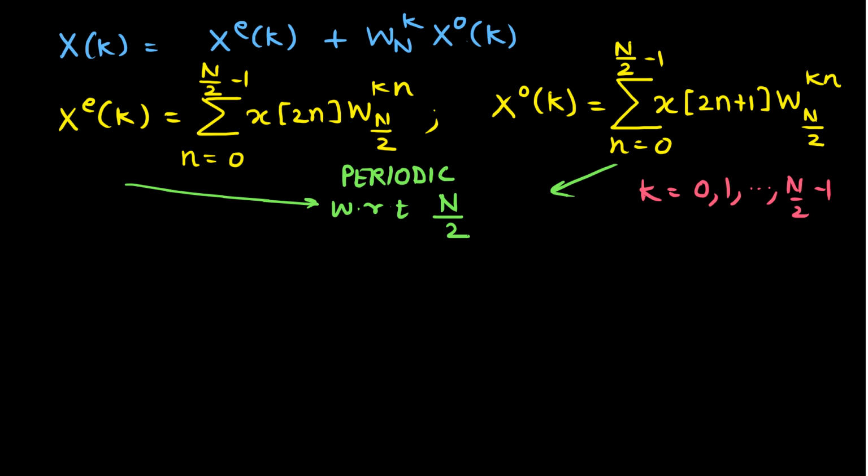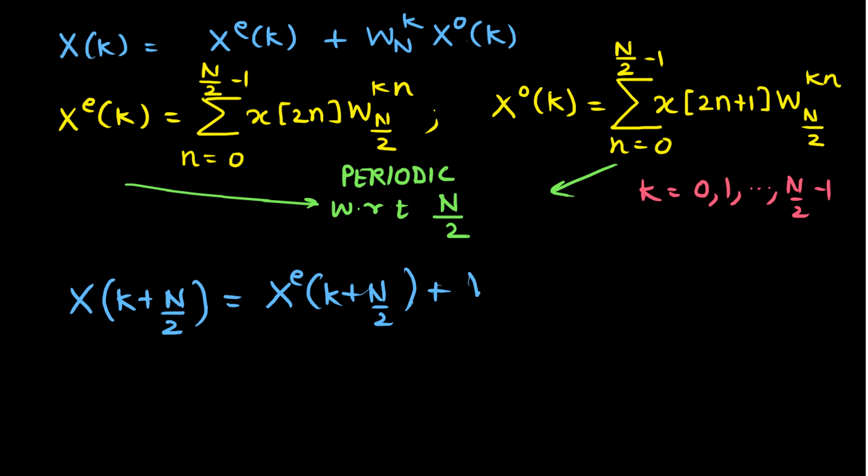So what we will do is we will find X of k plus n by 2, which would be giving us the next half values, that is the next n by 2 values. So it would be given as X even of k plus n by 2 plus W_N to the power k plus n by 2 into X odd of k plus n by 2.